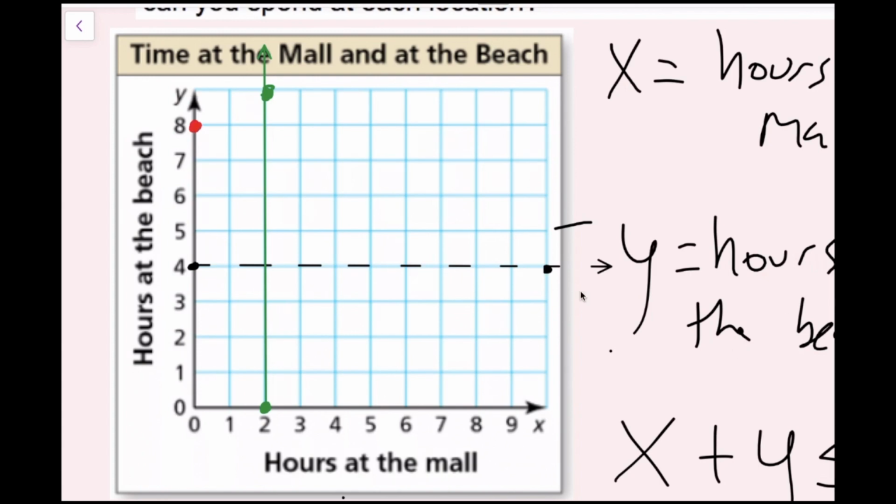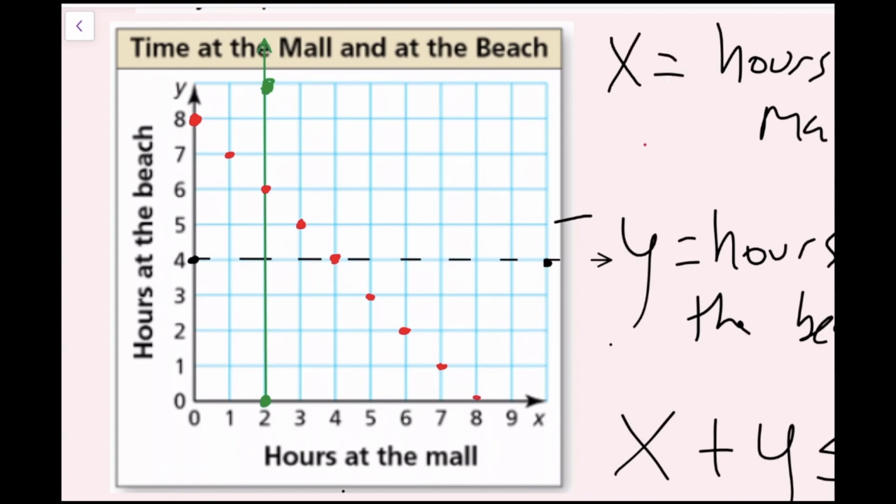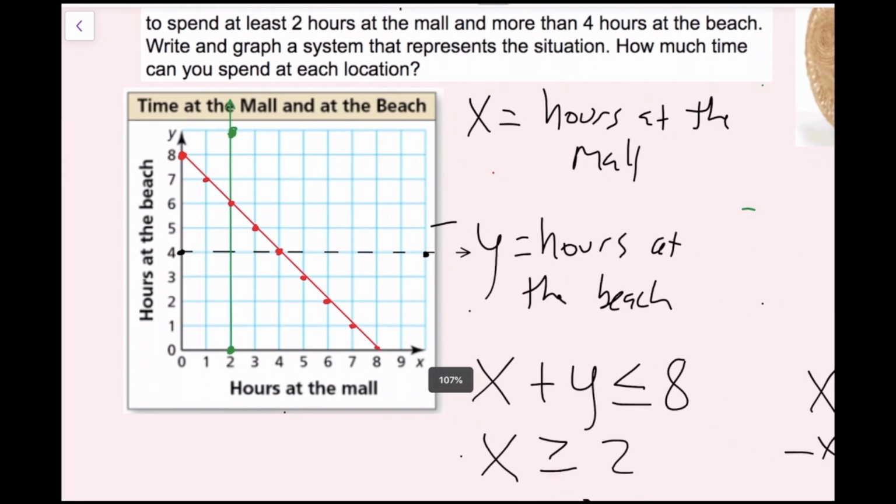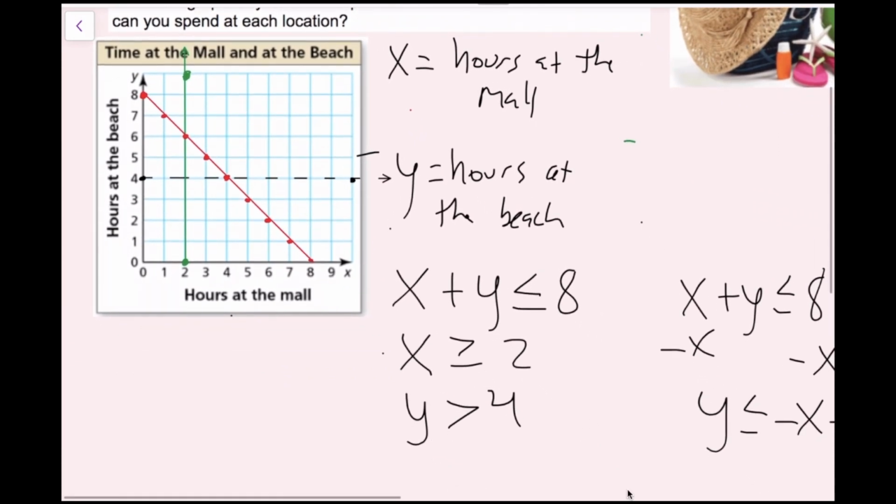And then my slope was negative 1, so I'm going to go down 1, right 1, and keep doing that. And this is going to be a line segment. And this line is going to be solid because of the equals underneath the inequality sign right here.